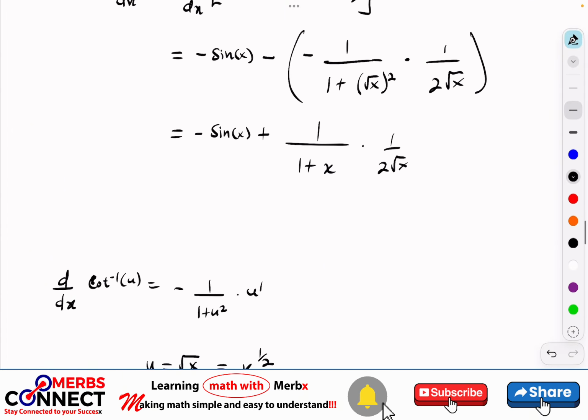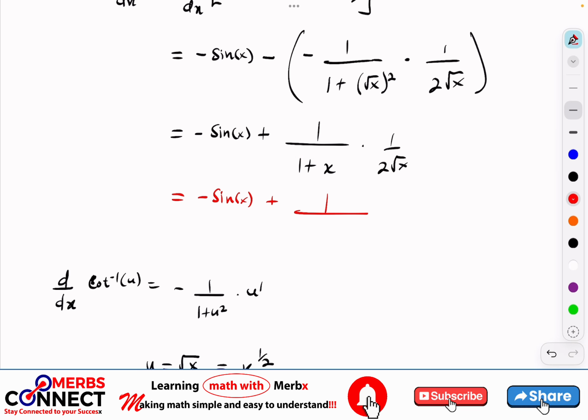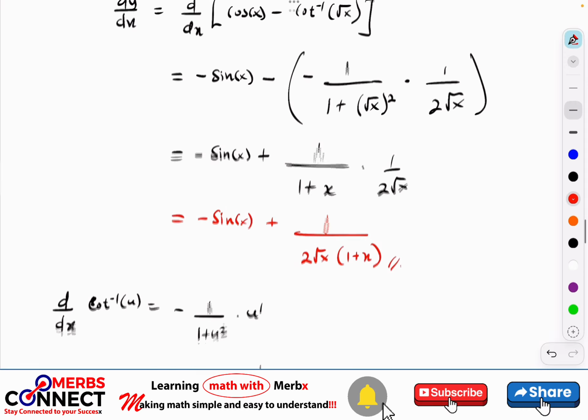If I want to multiply again, then my final solution should be minus sine of x plus 1 divided by, so I'm just going to multiply this by that, and I'm going to have 1 plus x. Okay, I can decide to bring 2 square root of x first and then 1 plus x here. Nice. So that will be my solution.